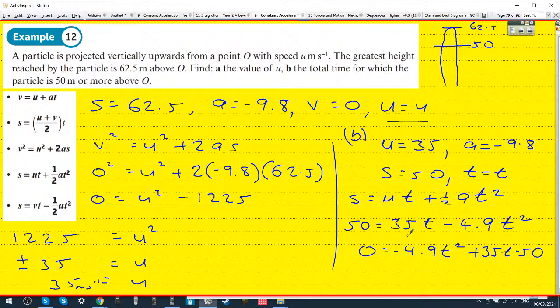I got, so T can be 25 plus 5 root 5 over 7, or the other one, which is minus, so it'd be T equals 25 minus 5 root 5 over 7.